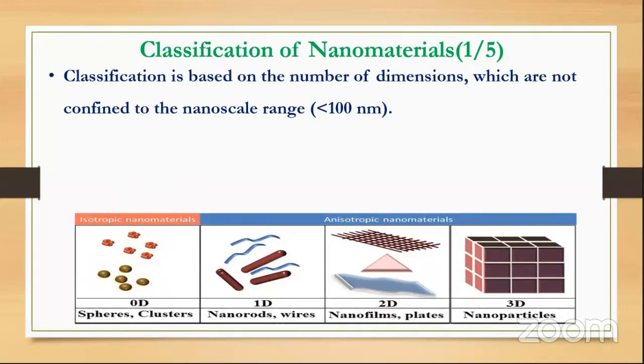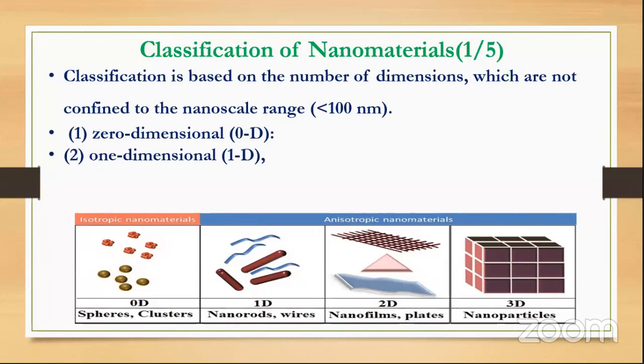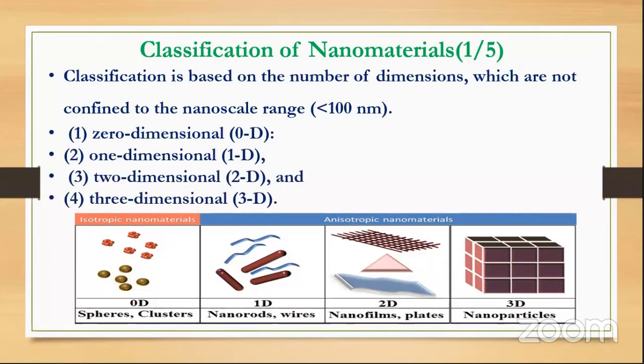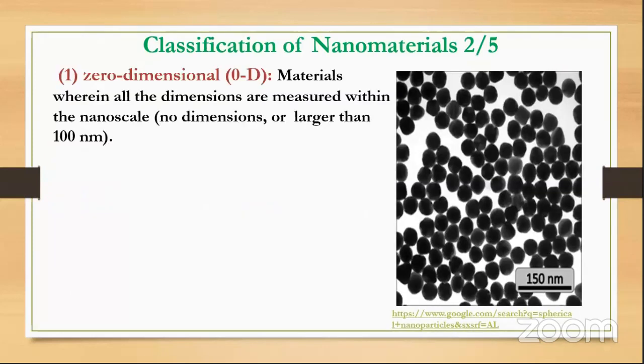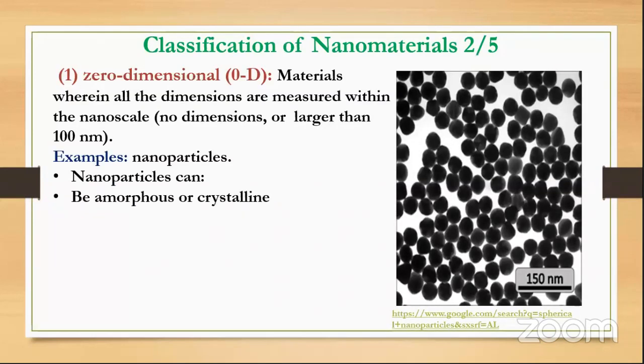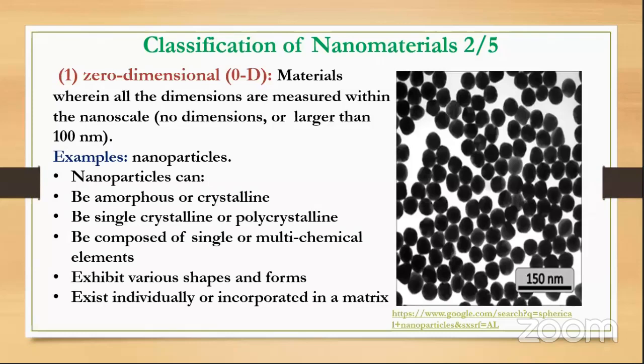Now see here, classification of nanomaterials. Nanomaterials are classified into four types: zero-dimensional, one-dimensional, two-dimensional, and three-dimensional nanomaterials. Here are some figures of each. Now I am going to explain clearly, one by one, all the categories of nanomaterials.